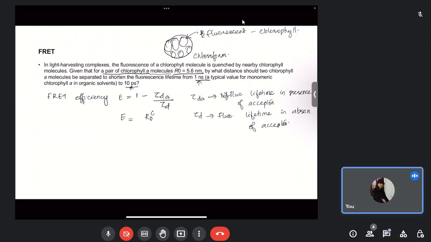It follows E is equal to R0 raised to 6 divided by R raised to 6 plus R0 raised to 6, where R0 is the Förster distance and R is the distance between chlorophyll a molecules.